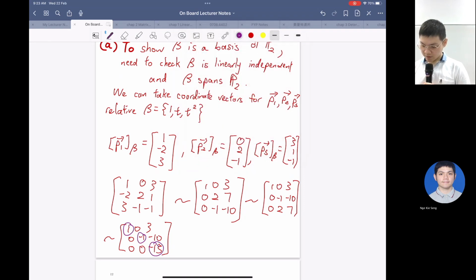So we can say that the columns are linearly independent, or invertible, but we care about linearly independent first.